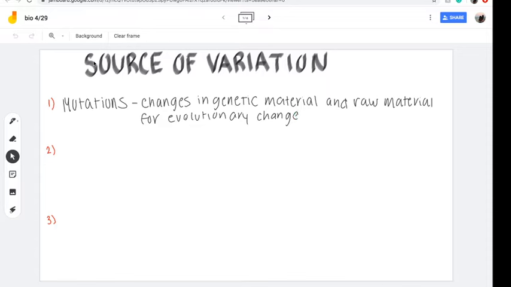Next we have genetic drift. Genetic drift is change in the gene pool due to chance.